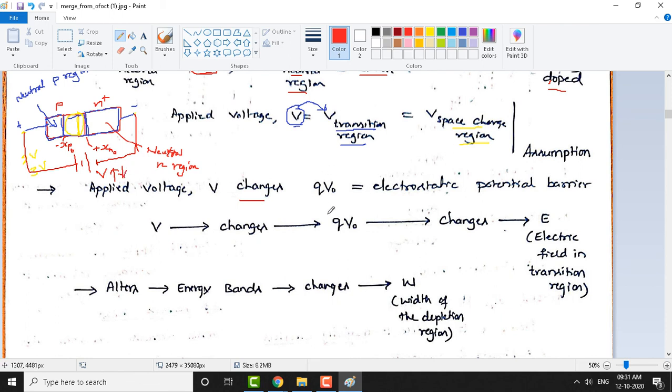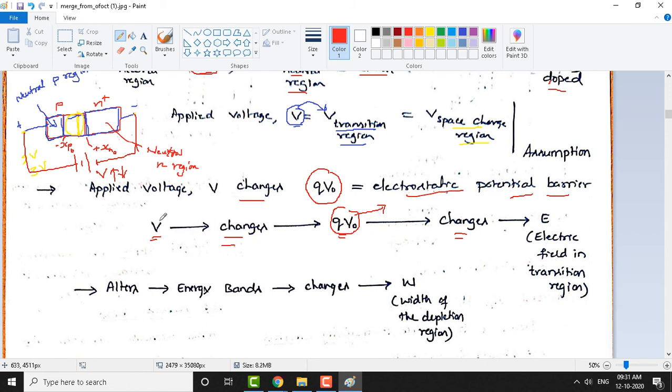The Q into V naught is the electrostatic potential barrier. So when the applied voltage changes, obviously the Q into V naught, the electrostatic potential barrier, also changes.